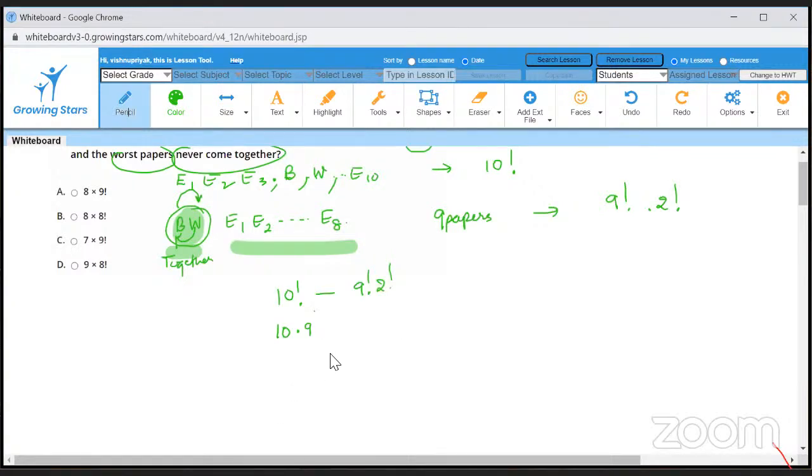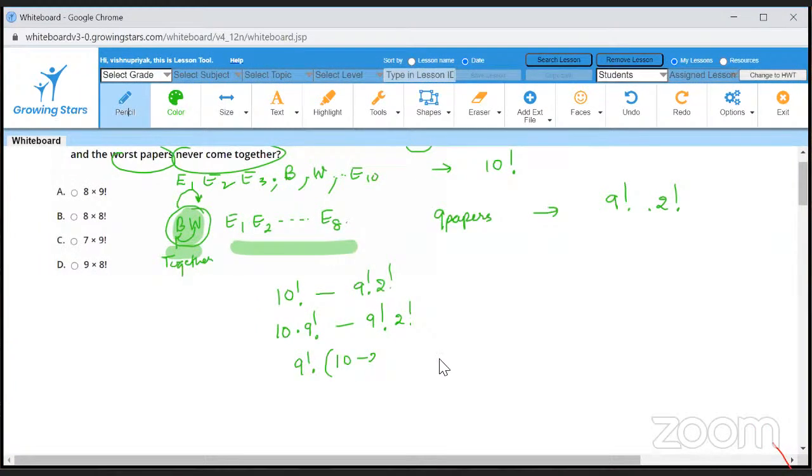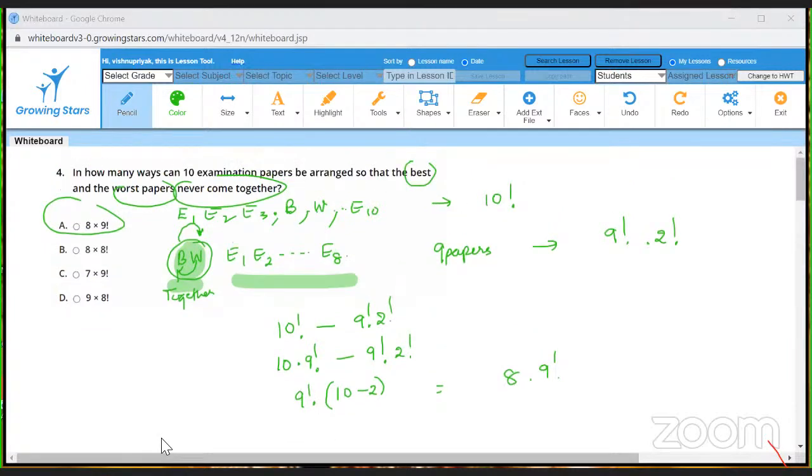I'll take 9 factorial common, left is 10 minus 2. That means 8 into 9 factorial. It is option A. Okay, you can see it for some time till I paste the next.